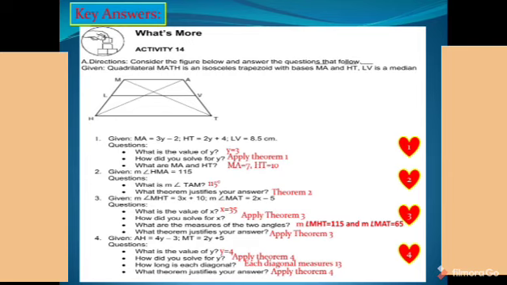Apply theorem number 3. Measure of angle MHT equals 115 and measure of angle MAT equals 65. For question number 4, you have y is equal to 4. Apply theorem number 4. Each diagonal measures 13. Apply theorem number 4.